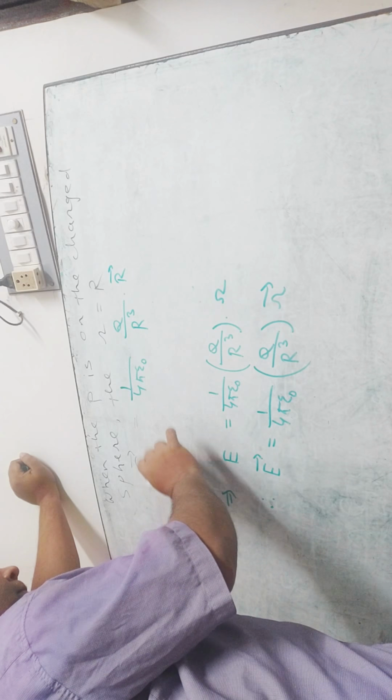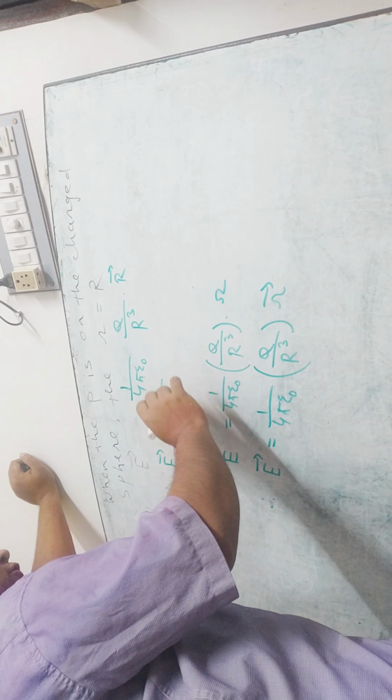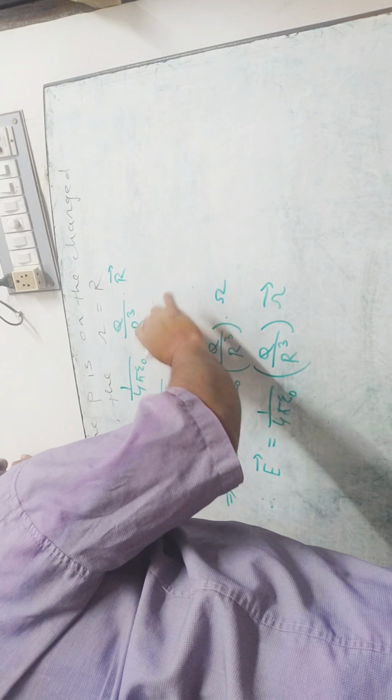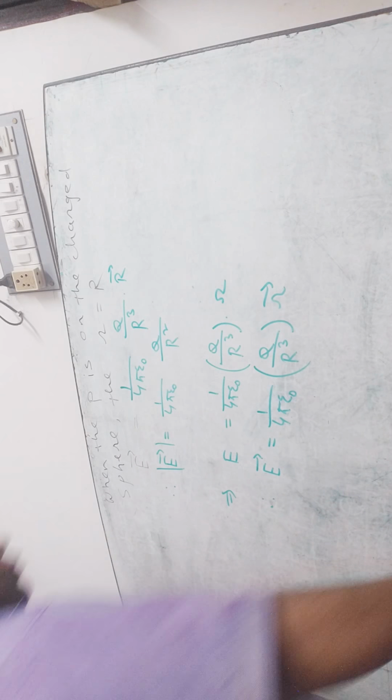Therefore, the magnitude of E vector is equal to 1 by 4 pi epsilon 0 q by r square.